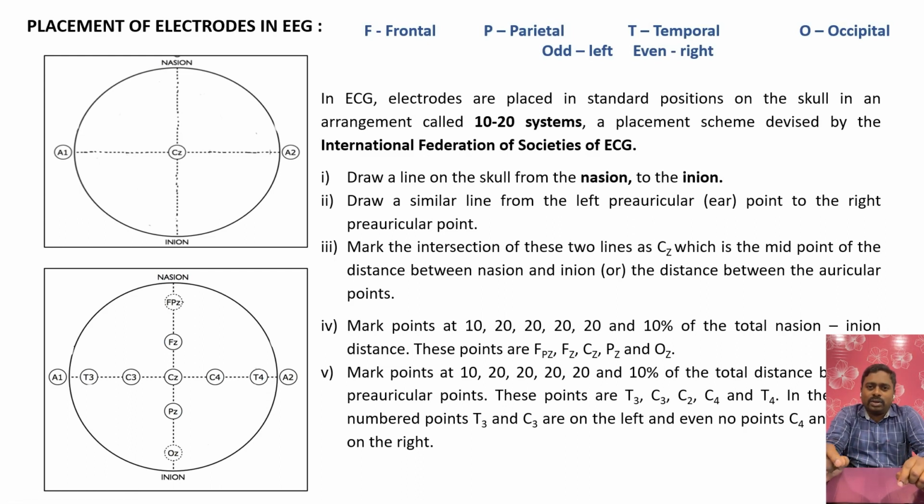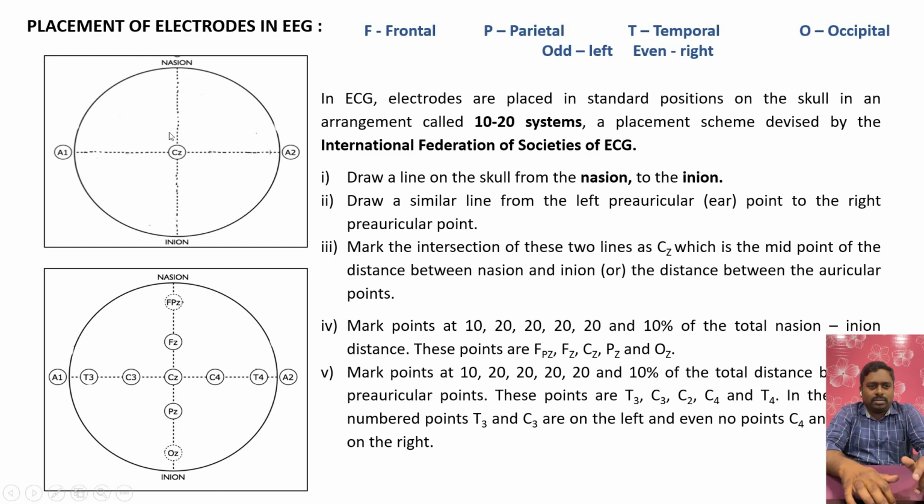In EEG, electrodes are placed in standard positions on the skull in an arrangement called the 10-20 system, a placement scheme devised by the International Federation of Societies of EEG.